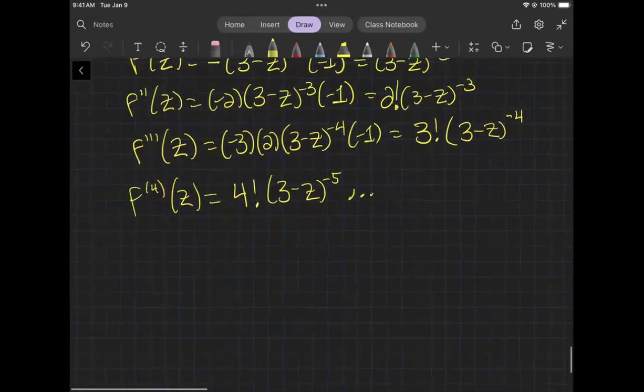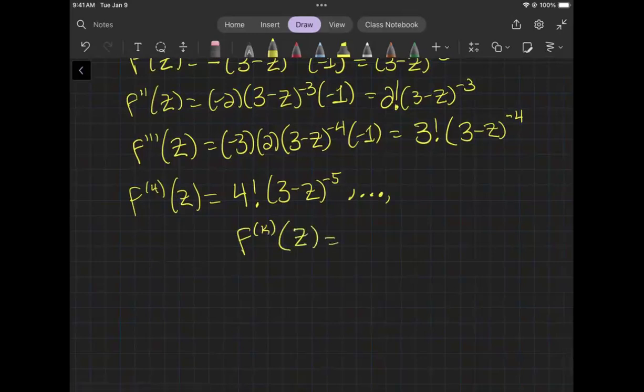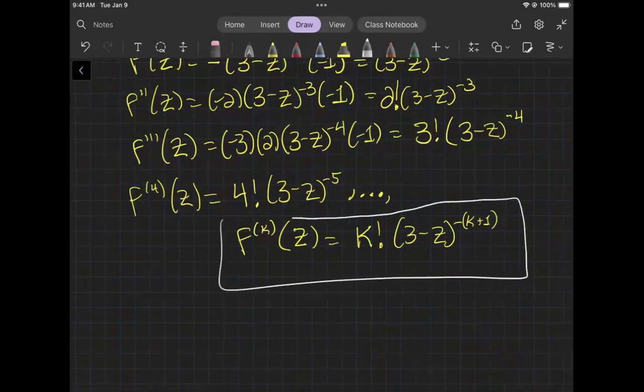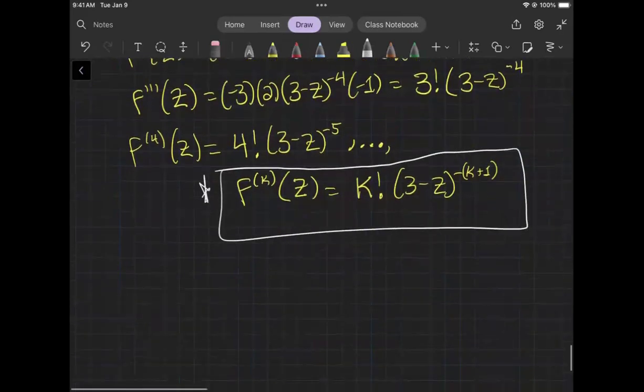And so we can get a formula for the kth derivative at z. This would equal k factorial times 3 minus z to the minus (k plus 1) power. Okay, so this is the formula for the kth derivative at z.